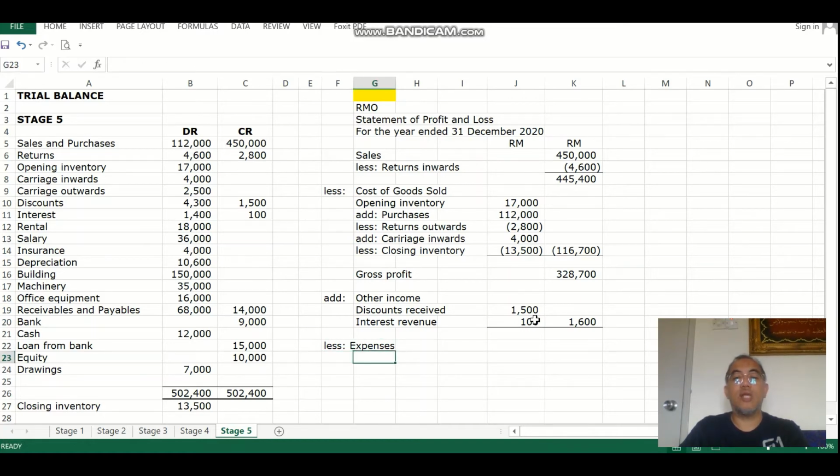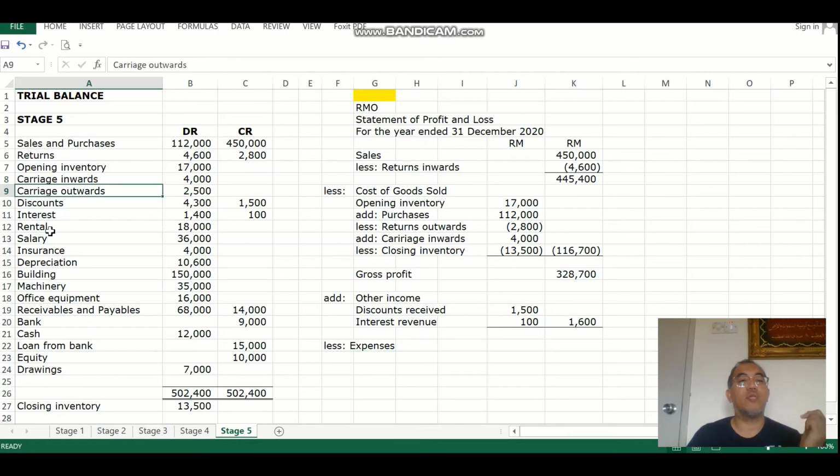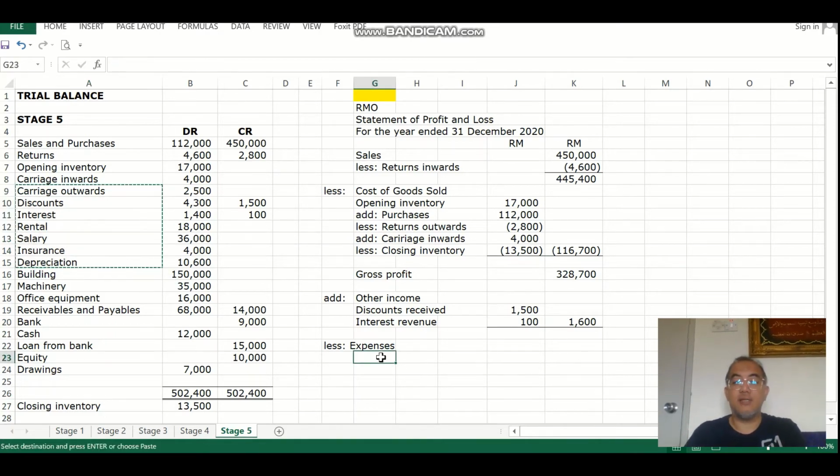Okay, so when I less my expenses, look back at your trial balance, and we know that from the top, our expenses start from carriage outwards, discounts, interest, rental, salary, insurance, depreciation. So I just copy all of those just to save my time.